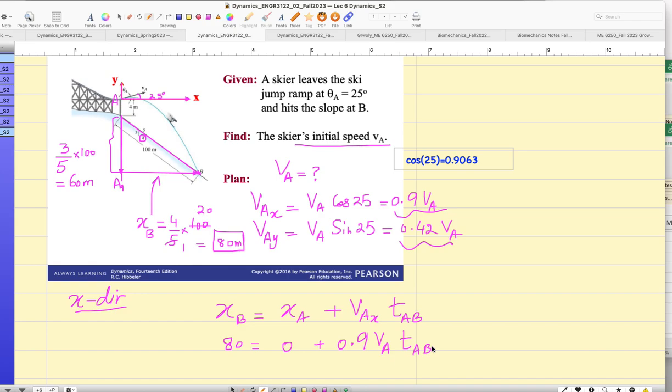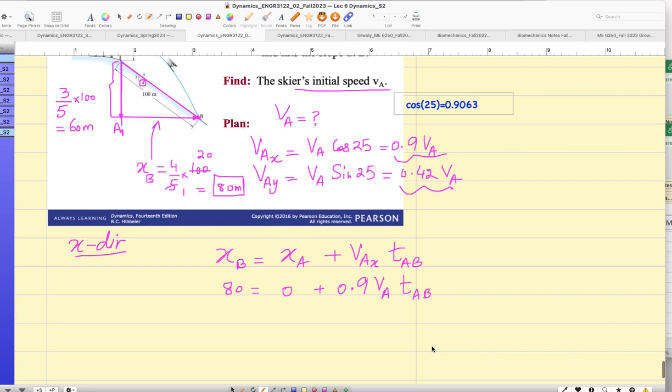It is not given directly, but it's okay. Two unknowns, one equation, so we still need another equation. But from here, we can find one important piece of information: one variable can be replaced by other variables. Suppose I need the time of flight in terms of VA, what should I write? 80 over 0.9. Can you do the math? 80 over 0.9 is 88.89, or 89.